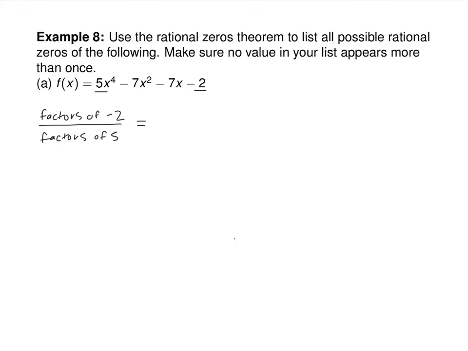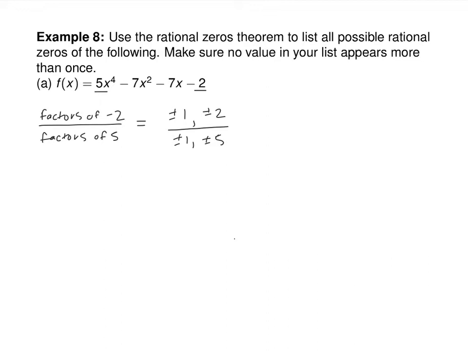So what whole numbers divide evenly into -2? Both positive and negative 1 do, right? And also, what else? Positive and negative 2. And how about 5? What numbers go into 5? Positive and negative 1, positive and negative 5.